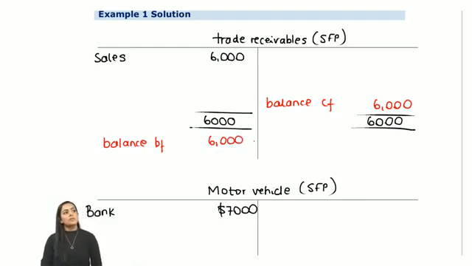Okay, so the trade receivables means that our customers still owe us 6,000 from 2 weeks ago, so we can't forget about it. We need to catch up and chase after the customers so they pay us.